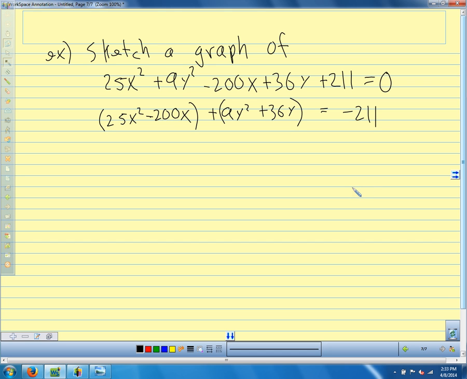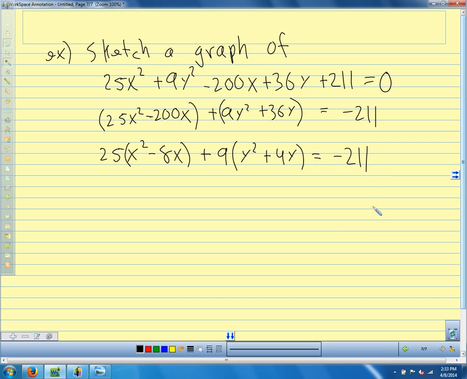Now before we complete the square, what's our next step? We want to factor out this 25 and this 9. We don't want that in there when we complete the square. So I'm going to write this as 25 quantity x squared minus 8x plus 9 quantity y squared plus 4y equals negative 211.